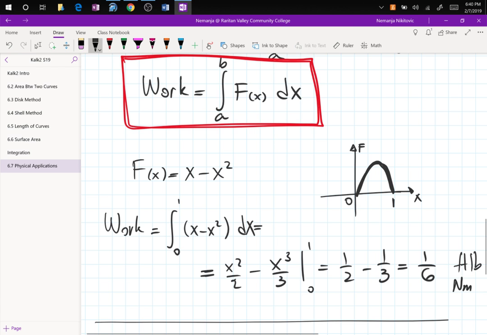And then a rubber band does the same thing. So now, the more you stretch, the more it wants to oppose. The less you stretch, it wants to oppose less. So clearly, it's non-uniform force.